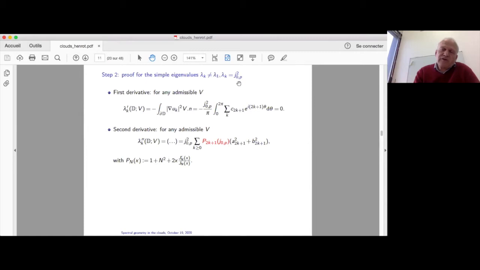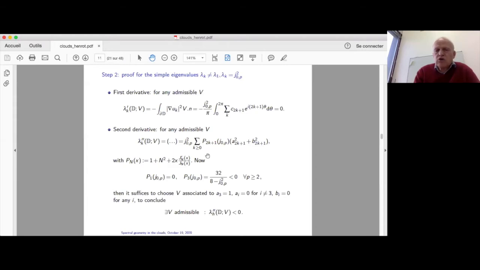The corresponding eigenvalue is a zero of the Bessel function J0. And so you end up with some complicated expression like that, but not so complicated, actually, a simple expression like that with a polynomial in J0, which is given here. This is the polynomial. And when you compute this polynomial at the zero of J0, what you get is a number which is negative for p equals 2, 3, and so on.